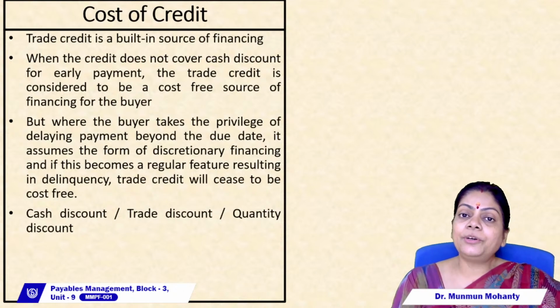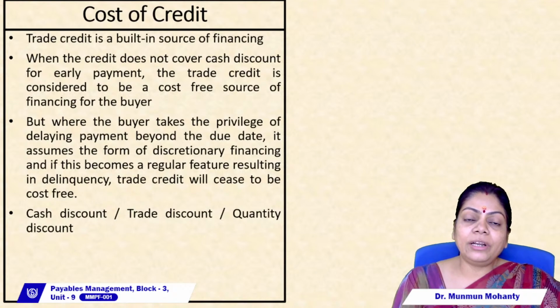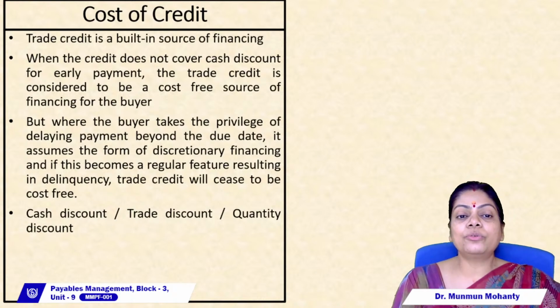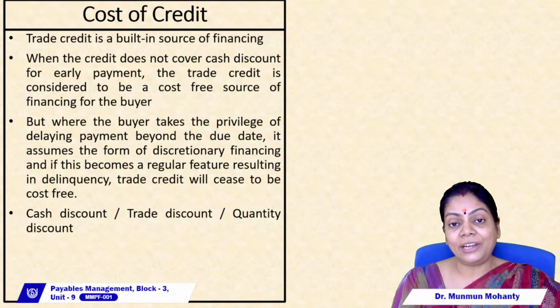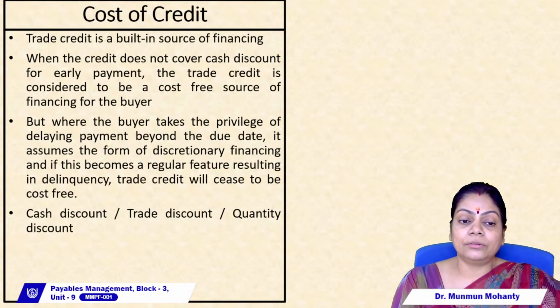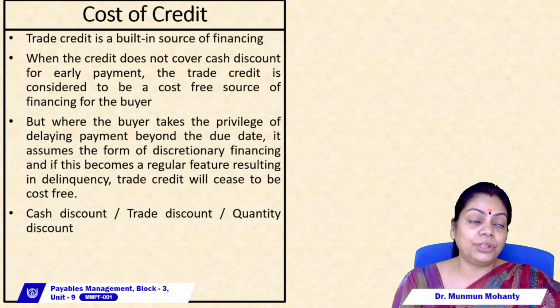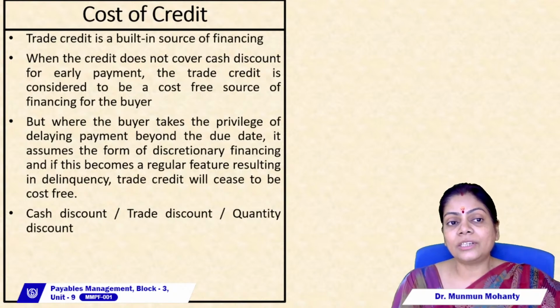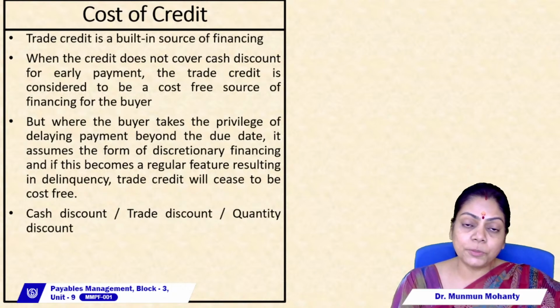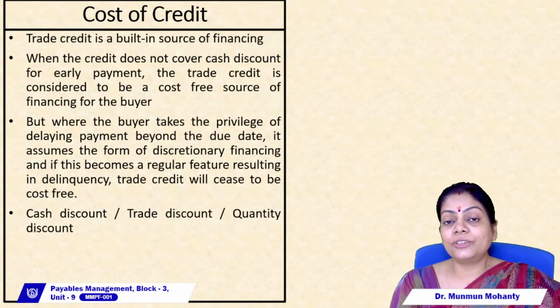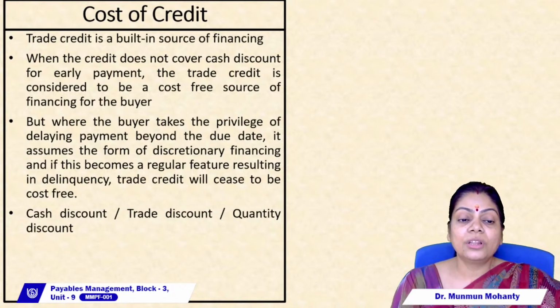Even if he has the capability to pay on time, he will develop an unwillingness to pay on time, because he wants to avail of the cost free source of finance at your cost. So that is going to hurt your business. If it becomes a regular feature with a client that he is purposefully delaying your payment, that is going to hurt the supplier. Suppose he purposefully delays from 30 days to 40 days, it is going to cost you. So the cost is built into this when we are talking about the cost of credit.